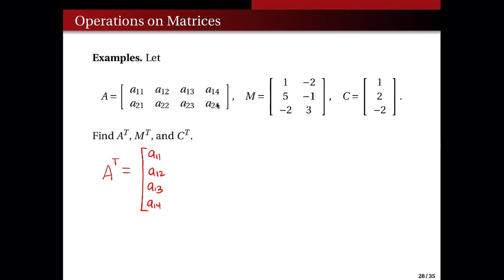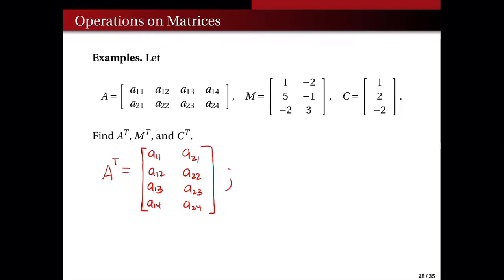Row 2 of A becomes column 2 of the transpose. That's the transpose.